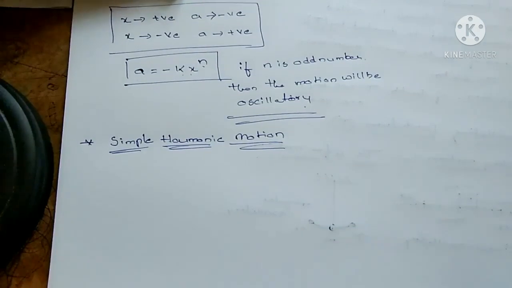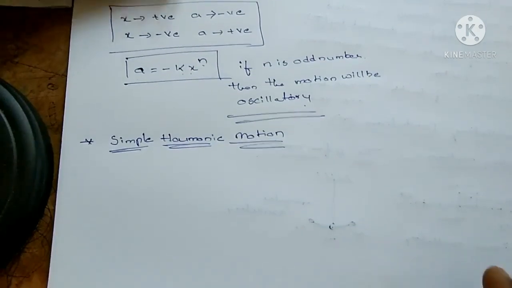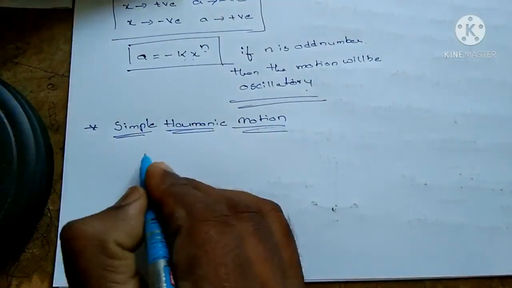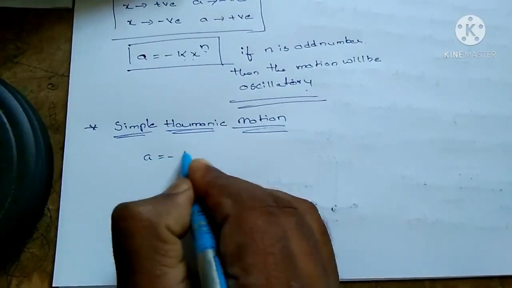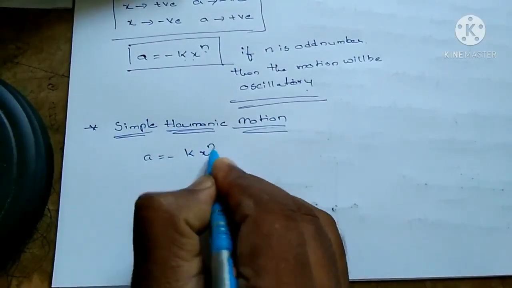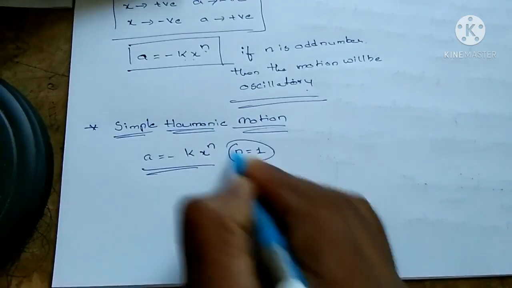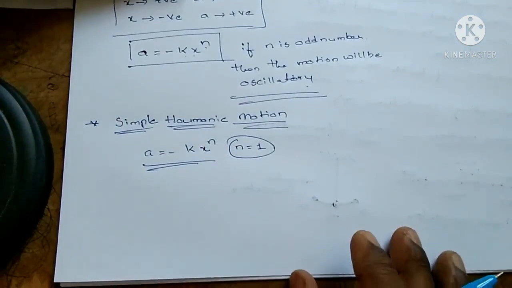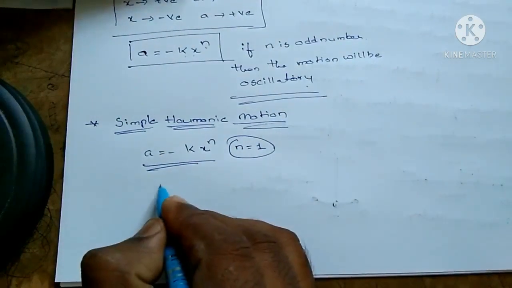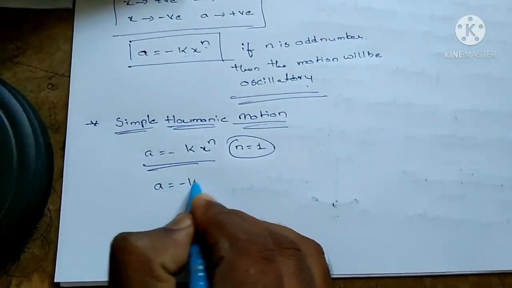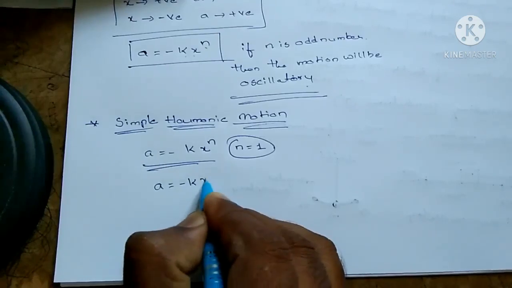So now, simple harmonic motion. I already told you the condition for an oscillatory motion, and in that condition, if you consider a is equal to minus k into x to the power of n, take n is equal to 1. If n is equal to 1 in the above equation, I will get a is equal to minus kx.